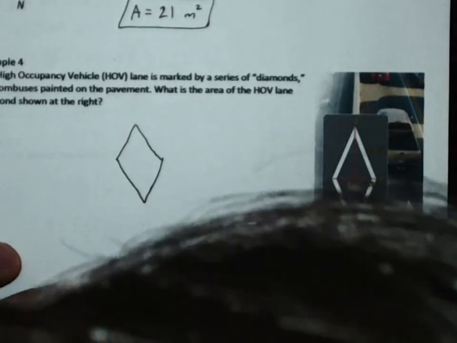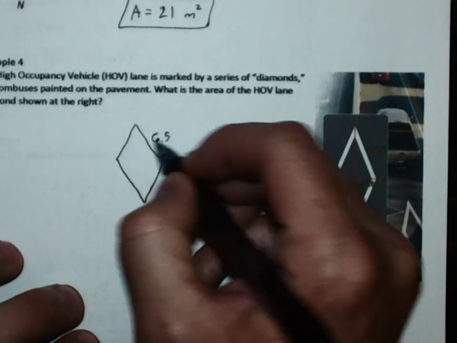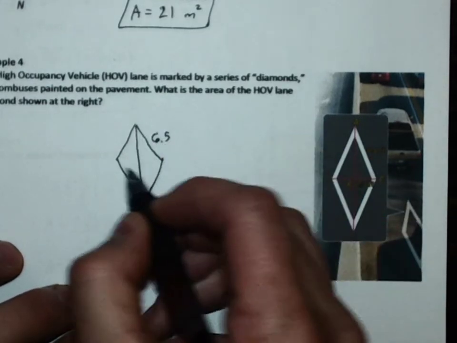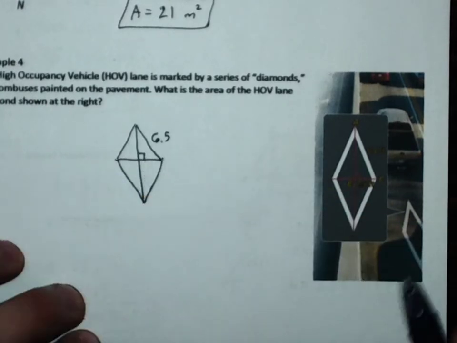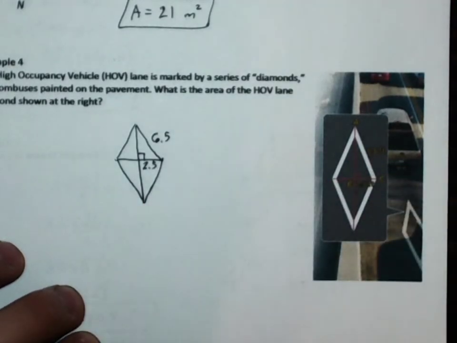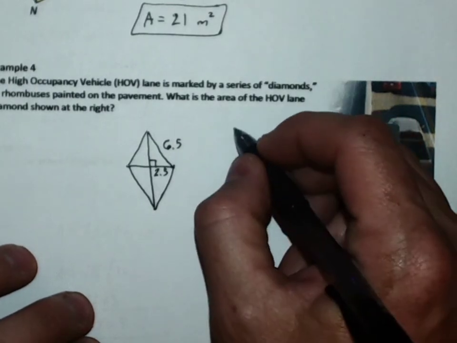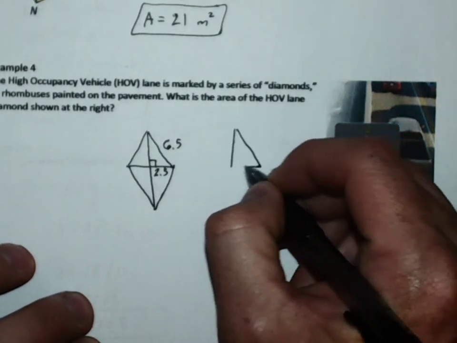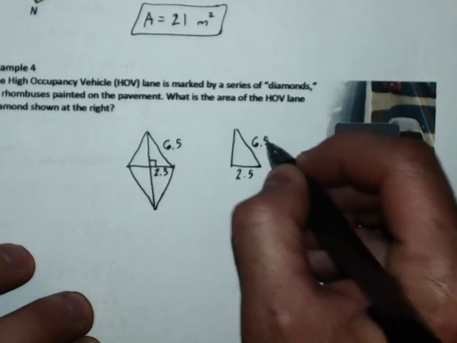They say that this side right here is 6.5. This comes through and this comes through, and these are a 90. And this distance down here is 2.5. But again, we have a 90-degree triangle, so we have a triangle here where this is 2.5 and this is 6.5.